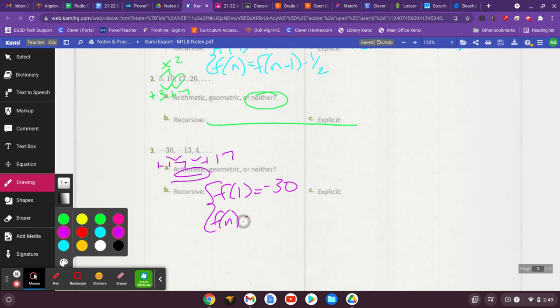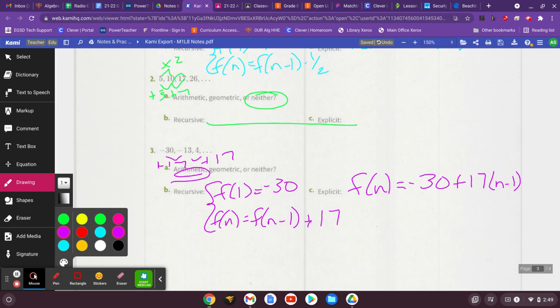And to get my next one, I'm going to add 17. And so then my explicit, f of n equals my first term, negative 30, plus 17, and it's the n minus 1 because that's my first, second, third. I'm not adding 17 to the first one, I'm adding it to the second one. So I need to start it with the second one.